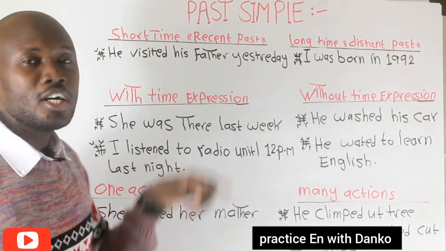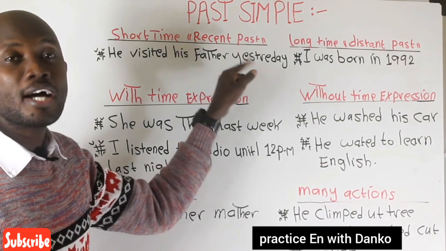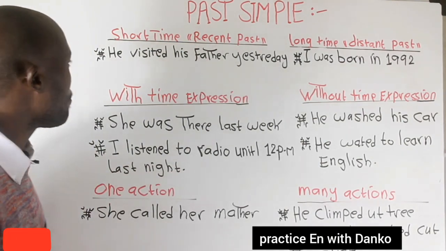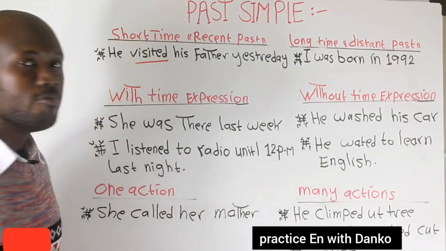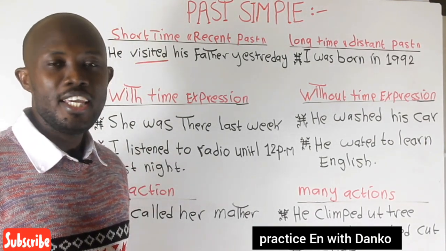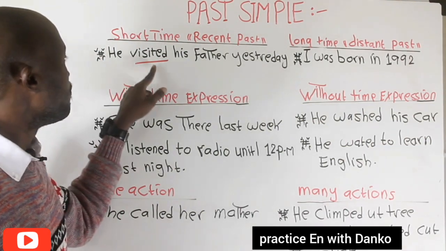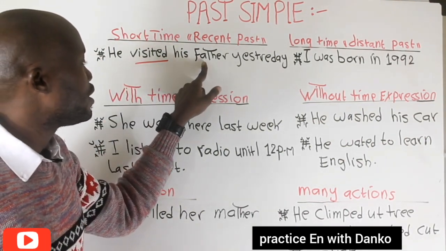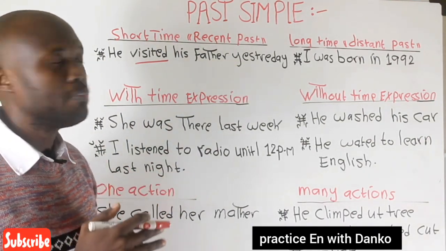That is about short times, our recent past. The past here is visited. As you see, the verb visit plus ed became visited. He visited his father's yesterday. This is with a short time.